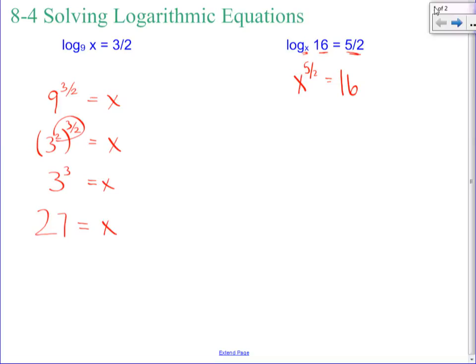Somebody said it. To the 2/5. You need to do the reciprocal. So we take this to the 2/5, this to the 2/5. Because if we multiply these, what do we get? We get 1, which is just x, or x to the first power. Someone punch that in their calculator for me.